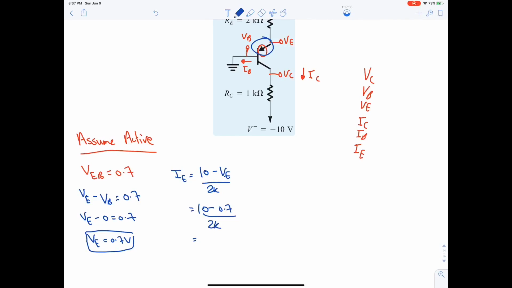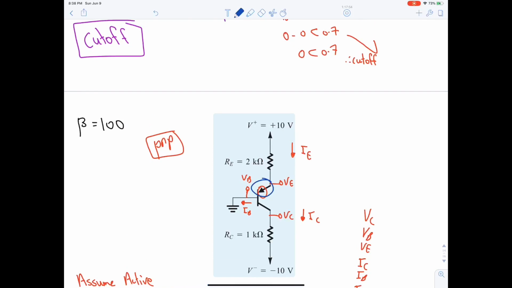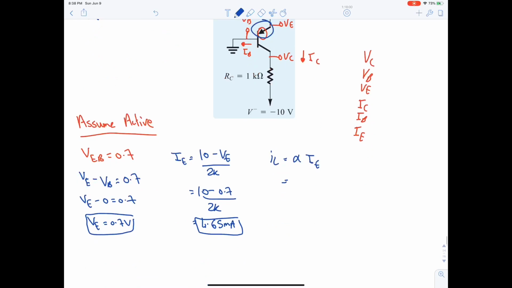It's equal to 4.65 milliampere. After finding VE, let's find IC, which is alpha IE. Alpha is 0.99 and IE is 4.65 milli.